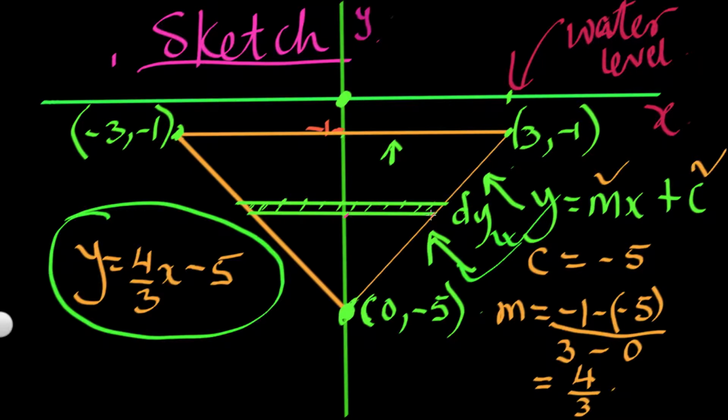From here to there it's an x, and from here to there we also have an x. So the length of this whole strip is 2x, and it has a thickness dy. Let's go back to write dA, the area of this strip.